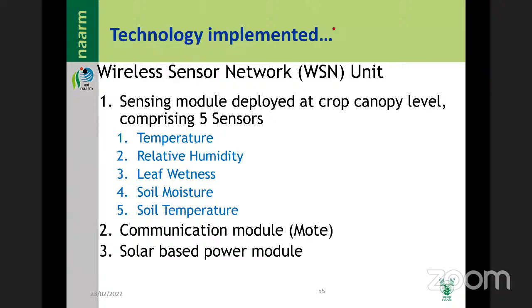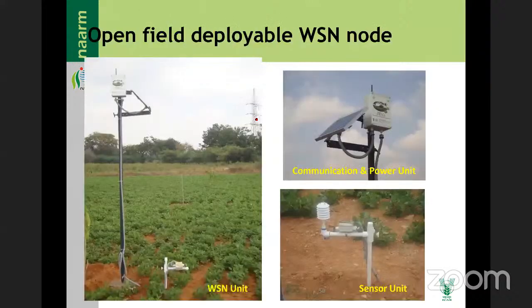The sensing module is deployed at crop canopy level, comprising 5 sensors: temperature, which will observe any variation, and immediately a message will go to the server; relative humidity, RH; leaf wetness; soil moisture; and soil temperature. The communication mode and solar-based power models are all controlled by the WSN. You see here the open field condition, how they kept it.